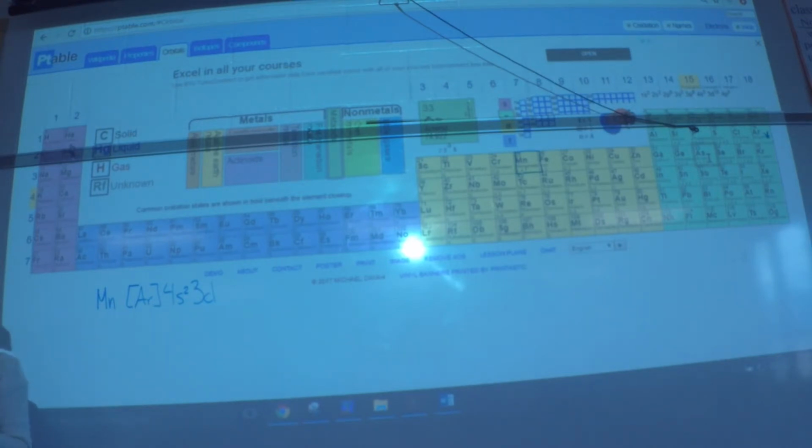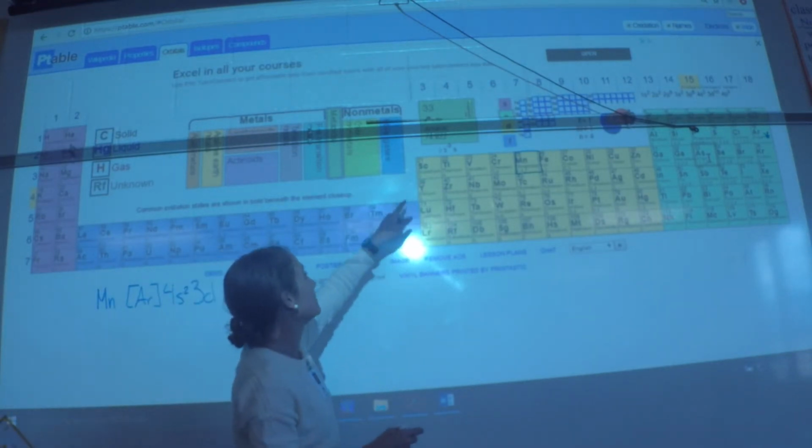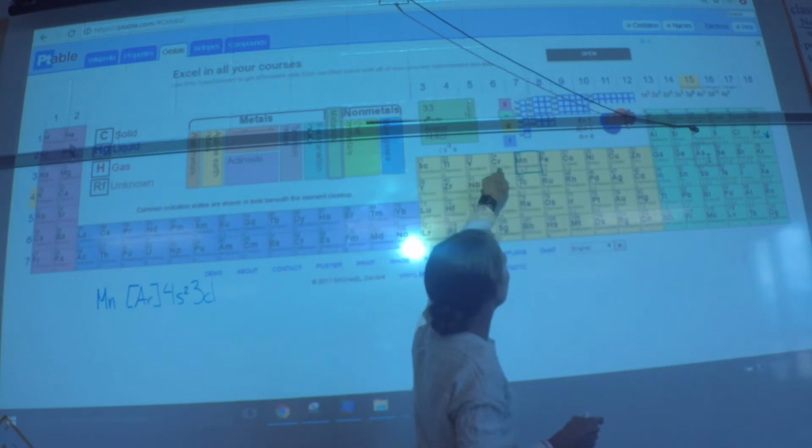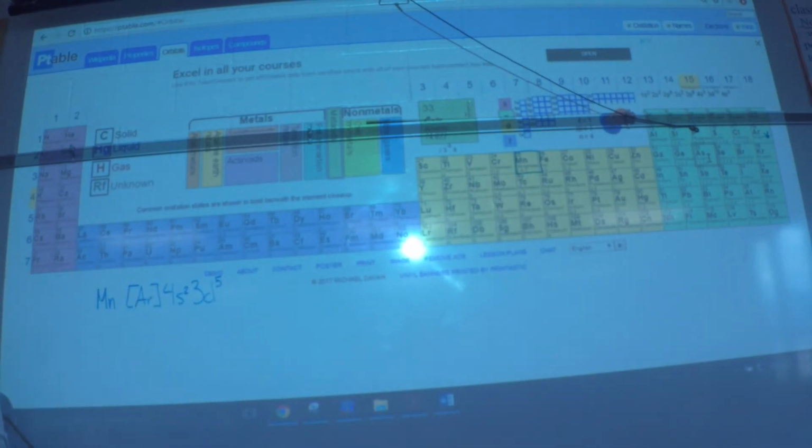You could do the math and figure out how many electrons are left, but each square on the periodic table is an individual electron. So you literally can just count to the thing you're trying to get to. So 1, 2, 3, 4, 5. 3d5. That's much easier. Yes, it is.